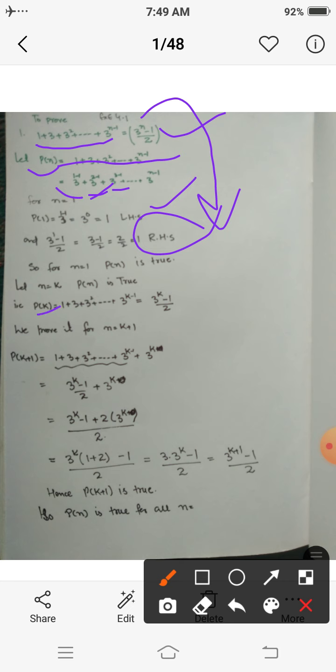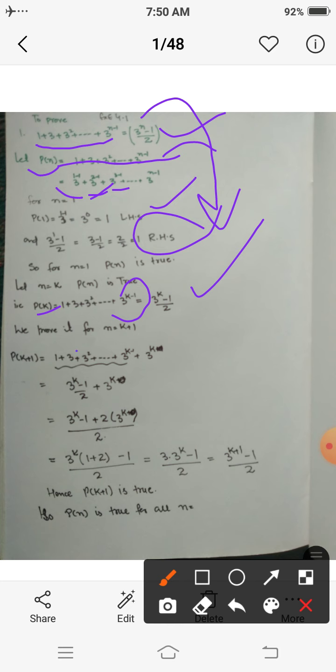Now P(k) becomes 1 plus 3 plus 3 square up to 3^(k-1), because the last term is 3^(n-1) in the given statement. Now we assume that this is true, which implies that this sum is (3^k minus 1) upon 2.